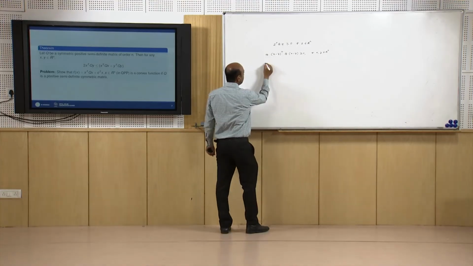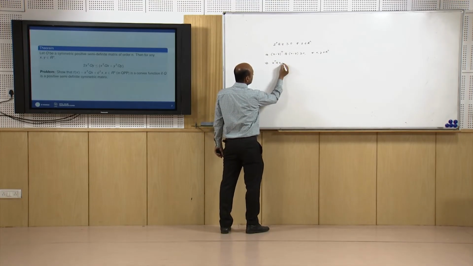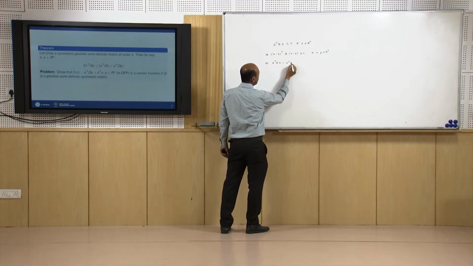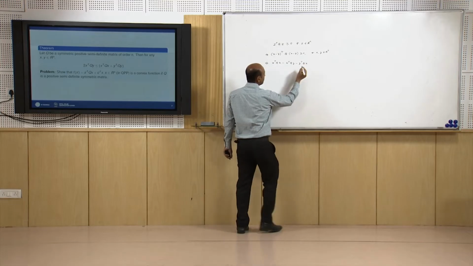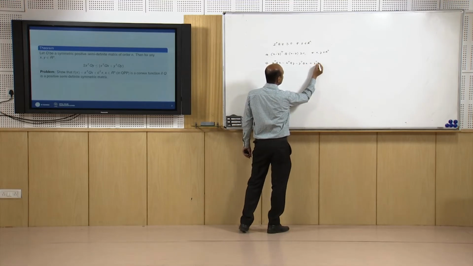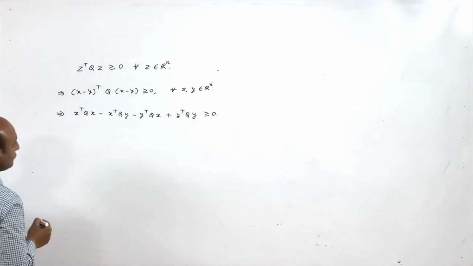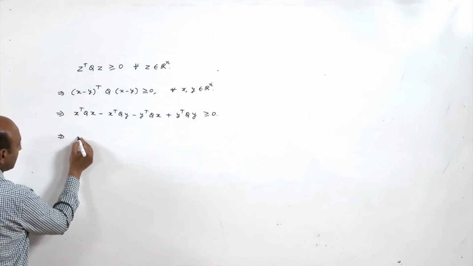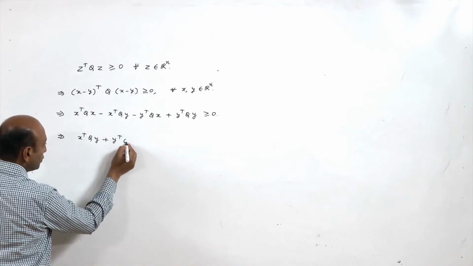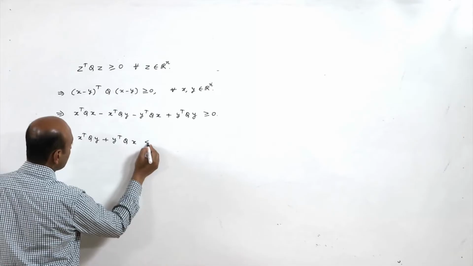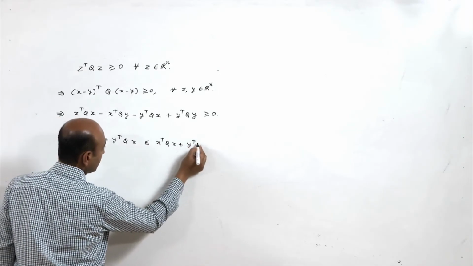Now if you simplify this, it is x transpose Qx minus x transpose Qy minus y transpose Qx plus y transpose Qy is greater than or equal to 0. So this implies x transpose Qy plus y transpose Qx is less than or equal to x transpose Qx plus y transpose Qy.